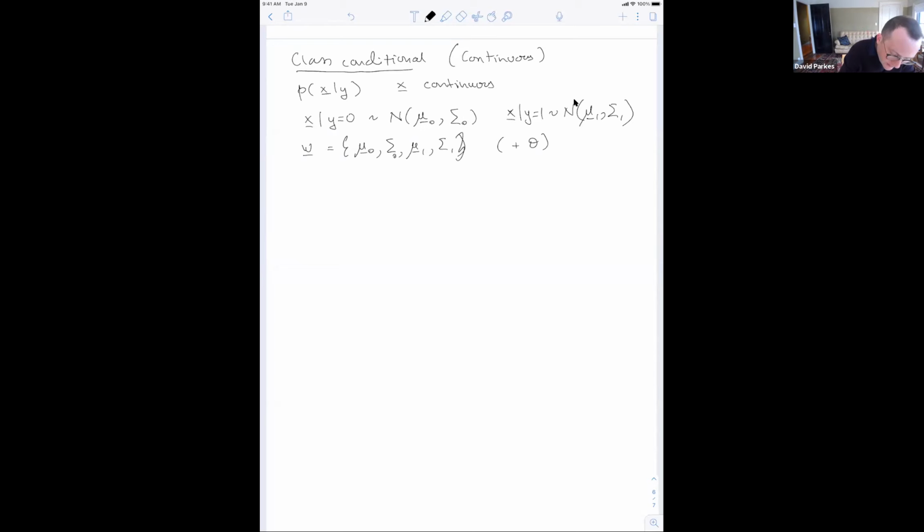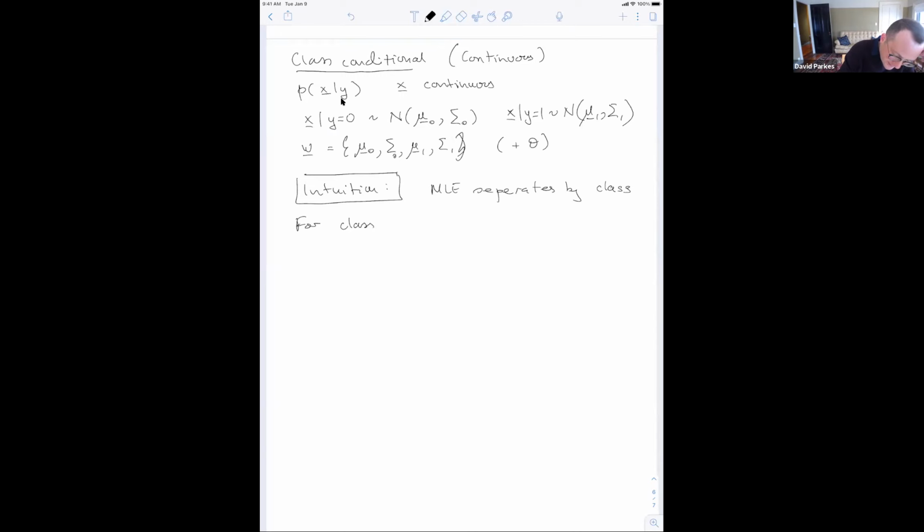But what I do want to point out, the intuition I want to give you, is that you should think about the data as being in two piles. The MLE problem separates by class. What do I mean?